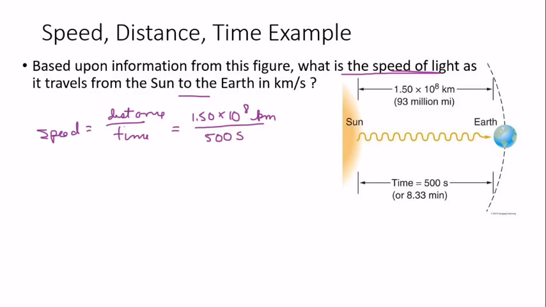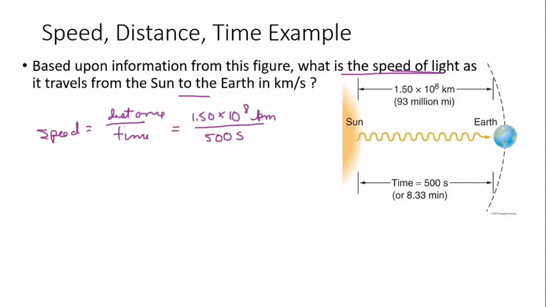I didn't do this ahead of time, so I'm going to take a minute and do it on my calculator. Feel free to do it on yours. I am putting in 1.5. In my calculator, I've got an EE key. Yours might be different. Hitting EE, hitting the 8, and then I hit the divide key, 500.